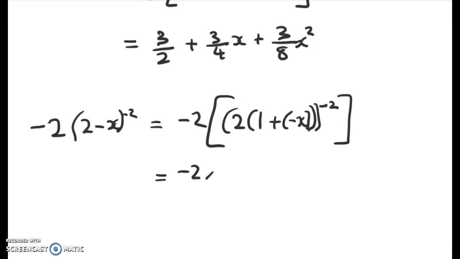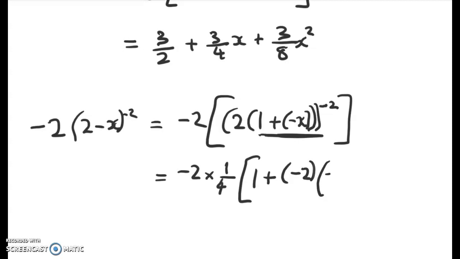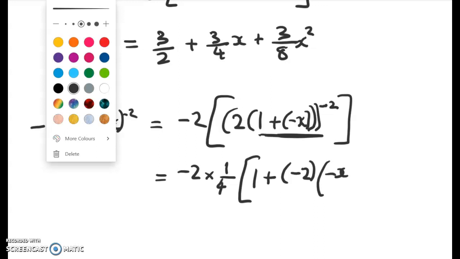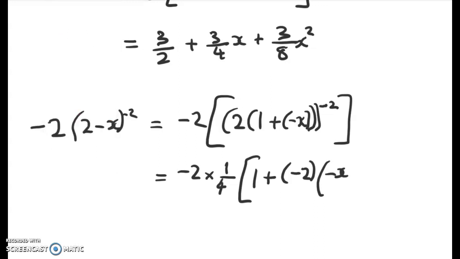This is negative 2 times 2 to the negative 2, which is 1/4. Now I'm just left with this expansion. So 1 plus n, negative 2, times negative x. Oops, I've missed out in here, made a mistake in there. This in here needs to be divided by 2. Right, that's that one. N times x plus n, negative 2, n minus 1 over 2 factorial.